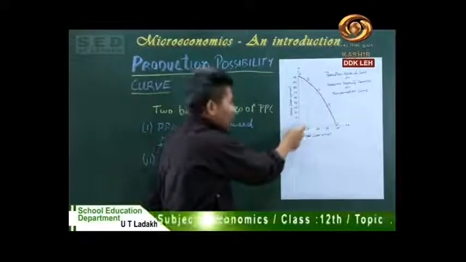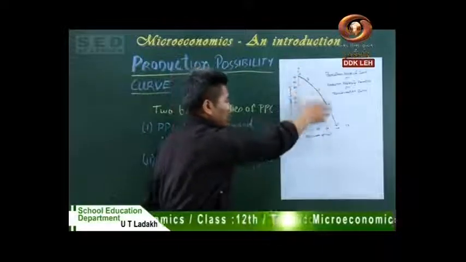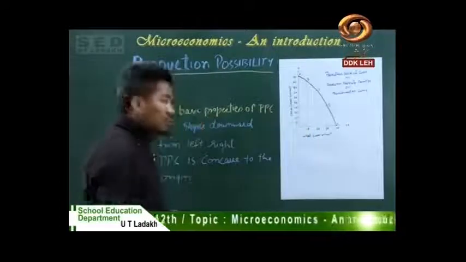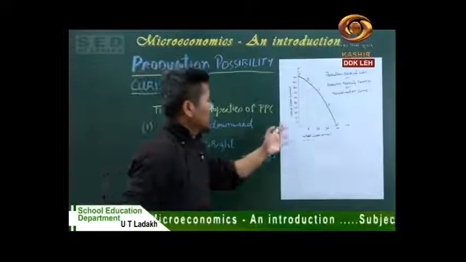So this is the point of origin and this curve is concave to the origin. Now what is the reason behind it? Why is it concave to the origin?